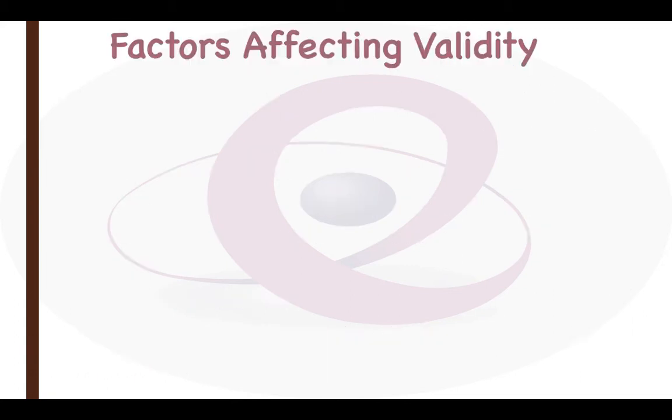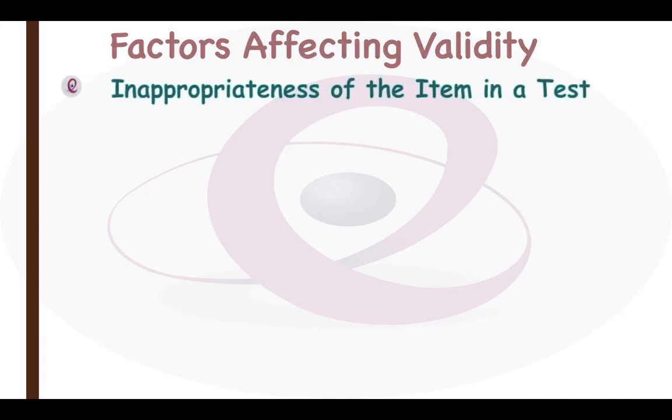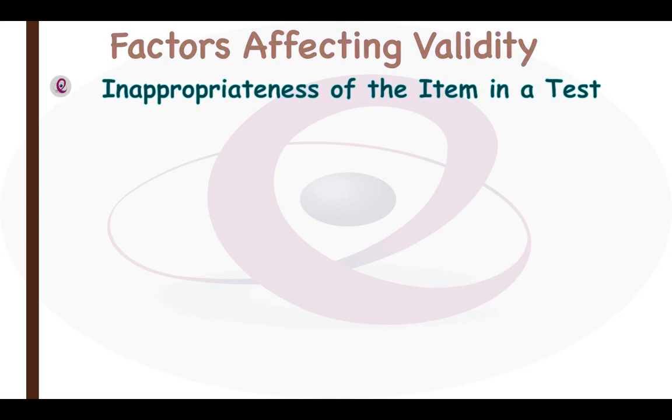There are some factors that affect the validity of a test. The appropriate test should be used which measures the understanding or the thinking skills and other complicated types of achievements. If the appropriate test is not applied for measuring the factual knowledge, that leads to an invalid result.